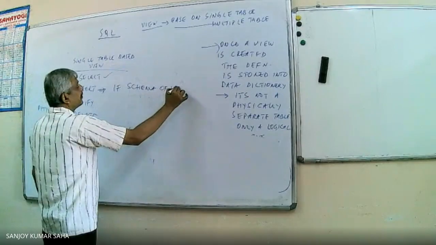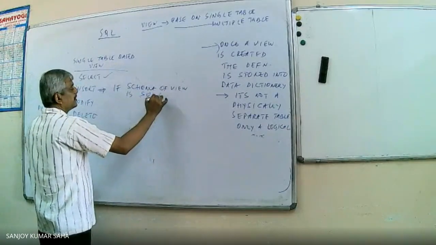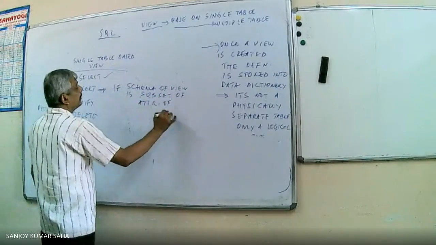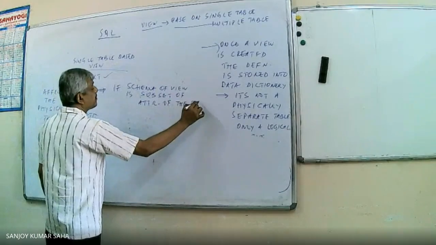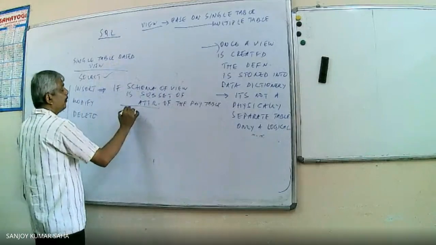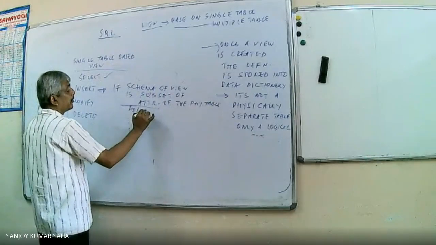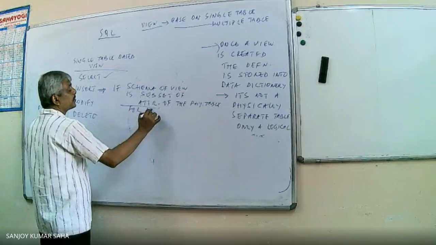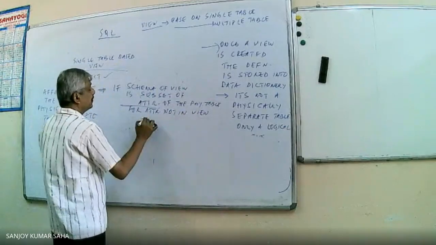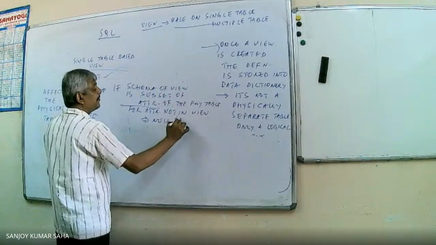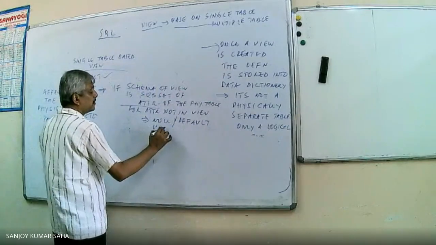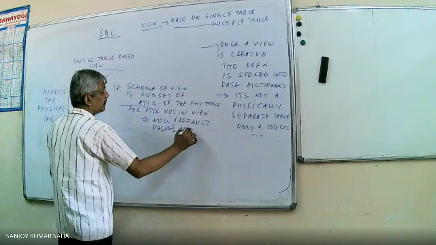But whenever we are doing these things, mind it, if the schema of the view is a subset of attributes of the physical table, then whenever inserting into this view, the attributes not in the view get null or default value, if it is specified in the original table; default values are considered.